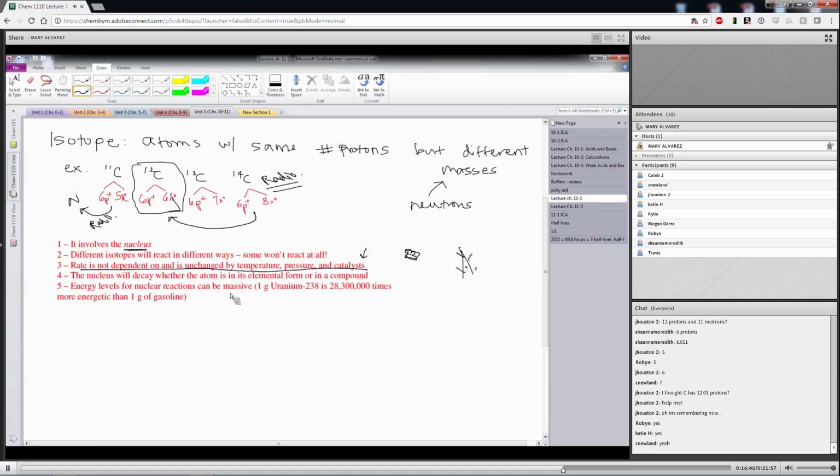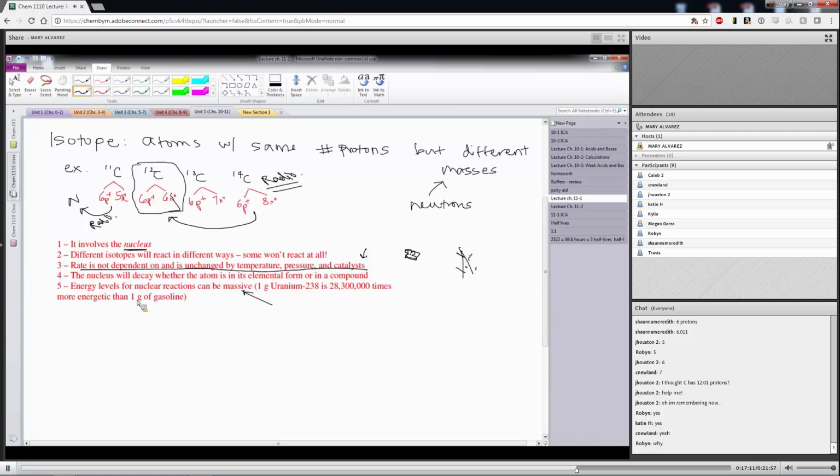And then this can be really interesting. Energy levels are huge. A gram of uranium is 28 million times more energetic than a gram of gasoline. So you can see why nuclear reactions might be really helpful to tap in order for energy production to go forward with fewer emissions.